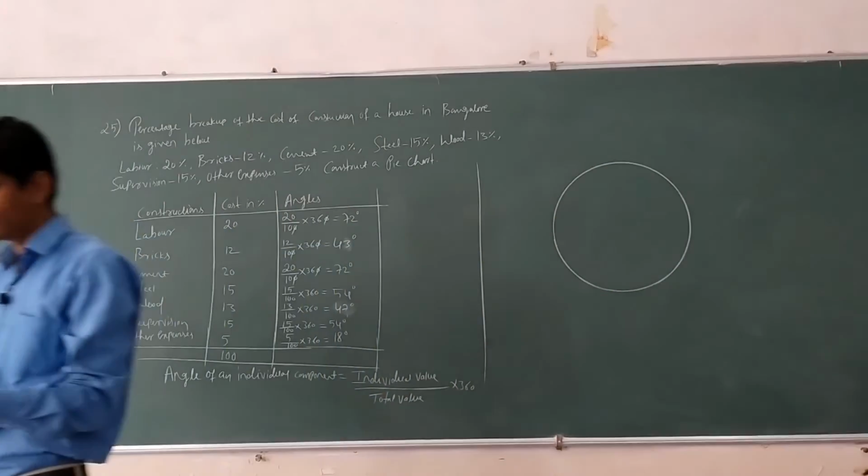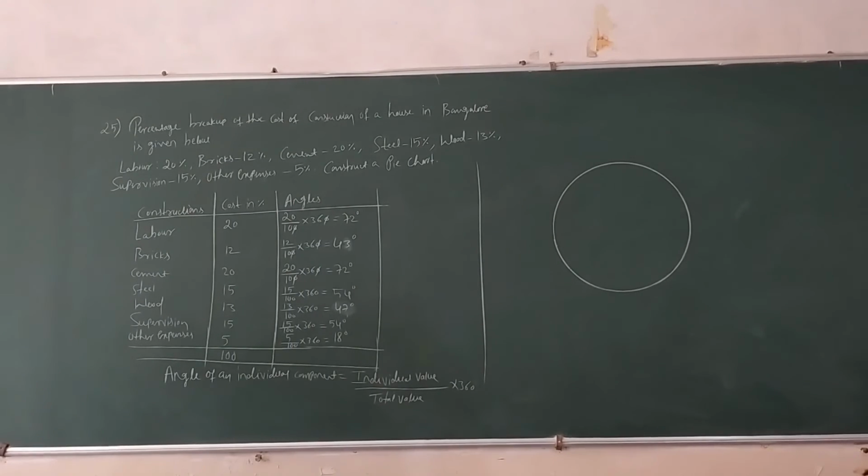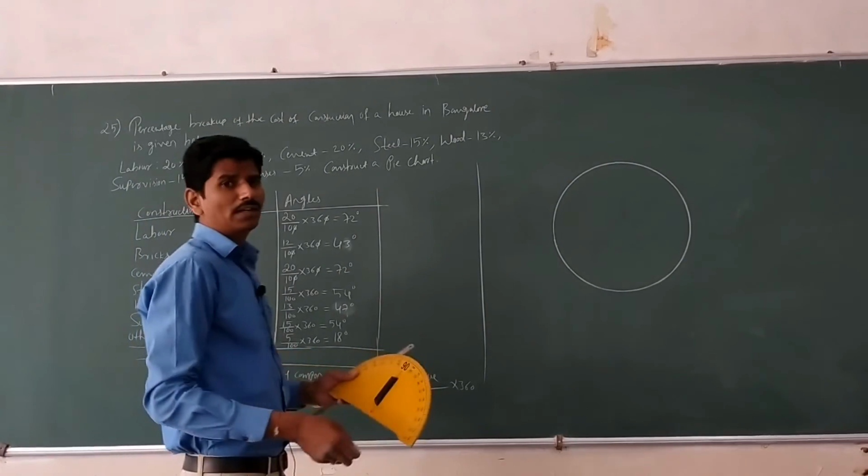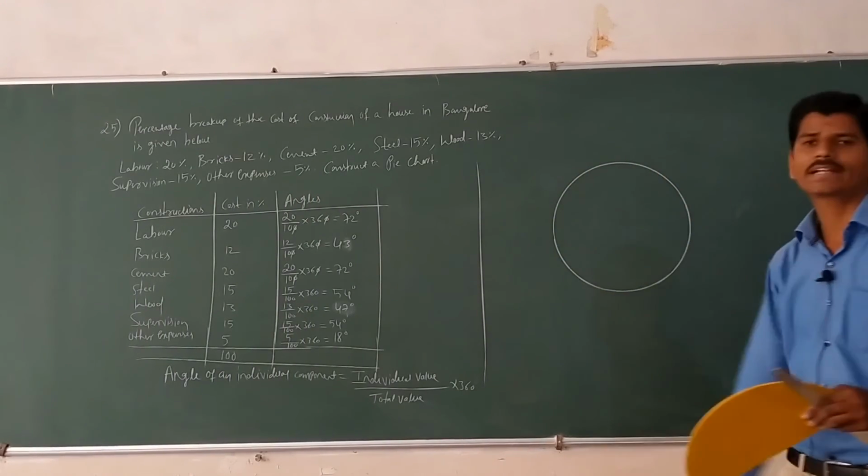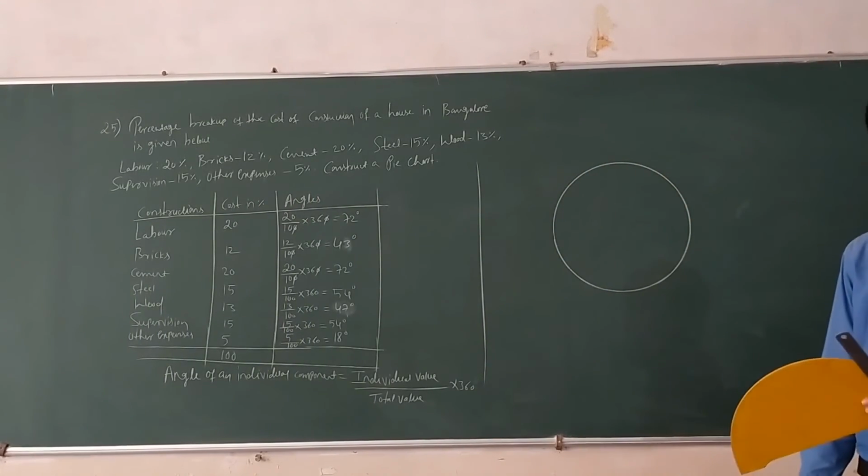First, we have to draw a circle. Next, a circle is divided into sectors to represent its components.